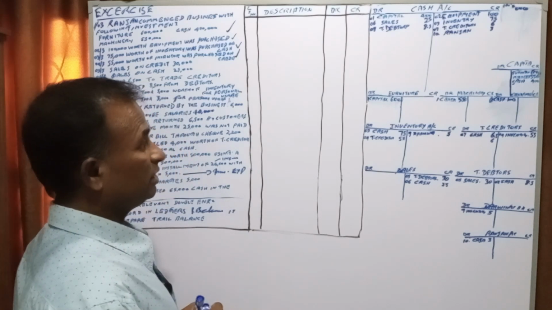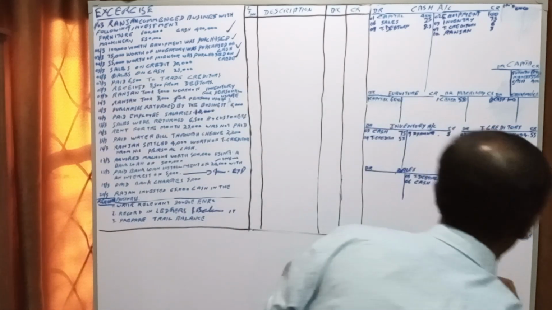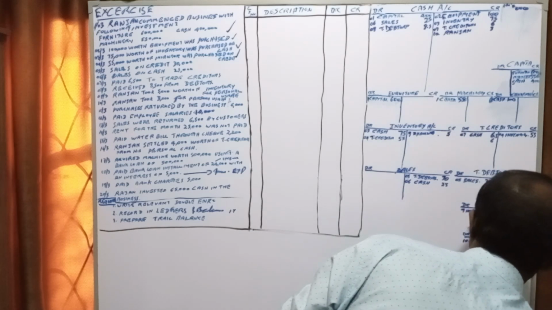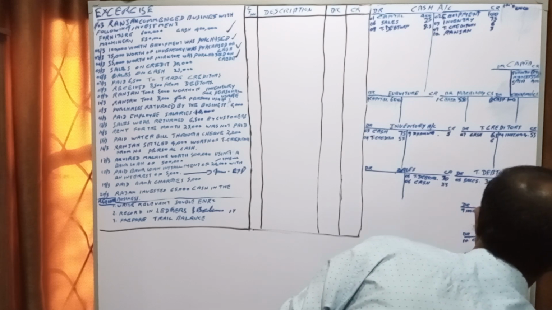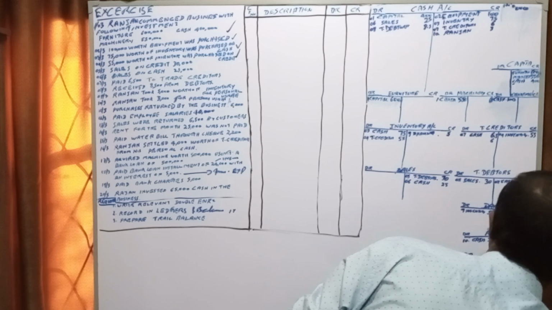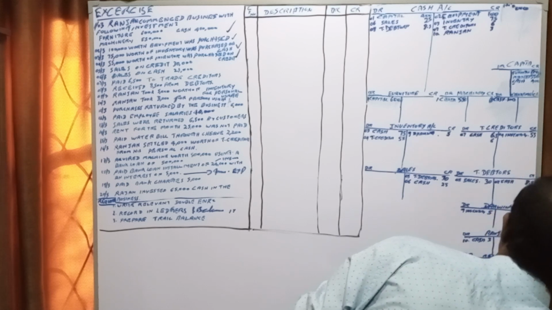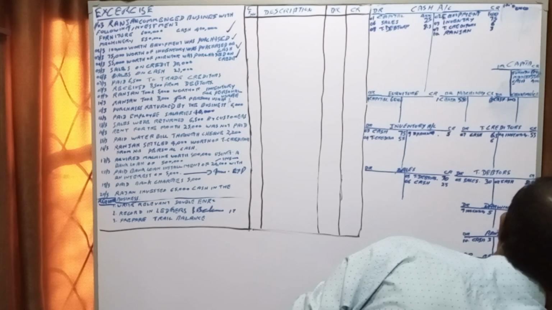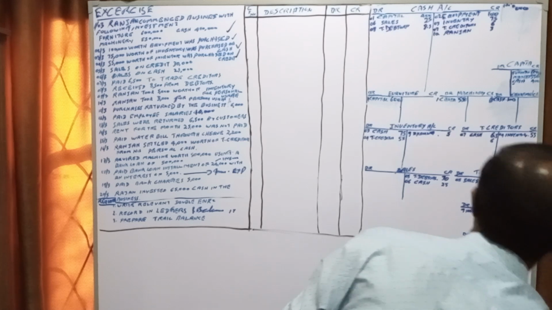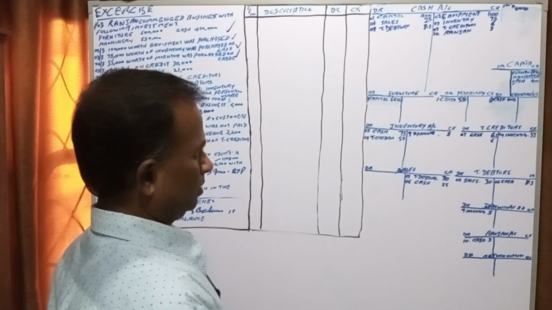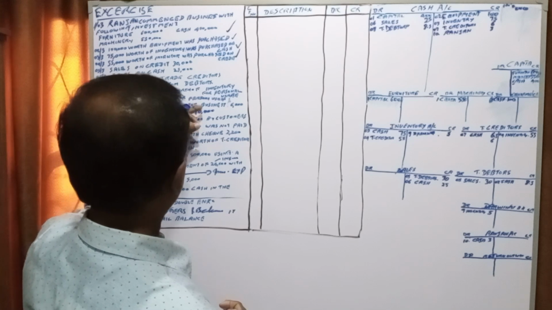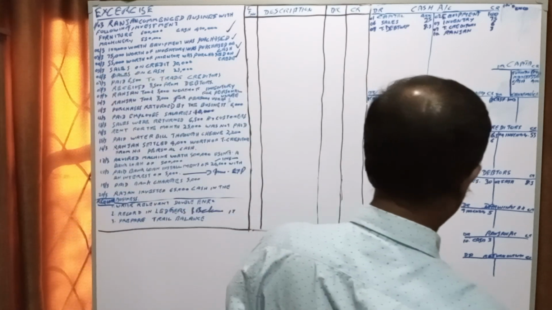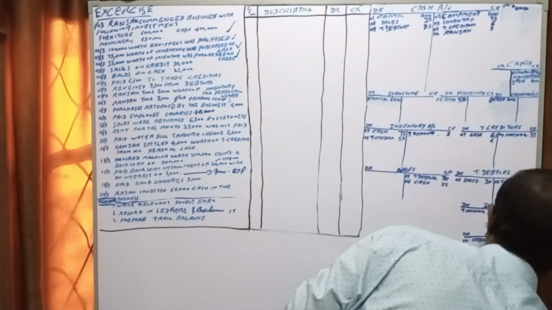And return outwards, you say here return outwards, with DR and CR. Purchases returned by the business, so return outwards is credited by 6.